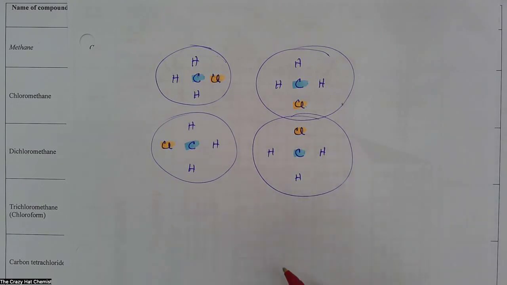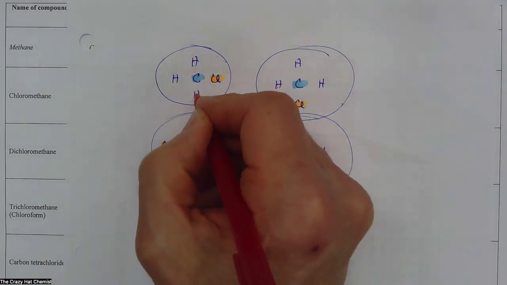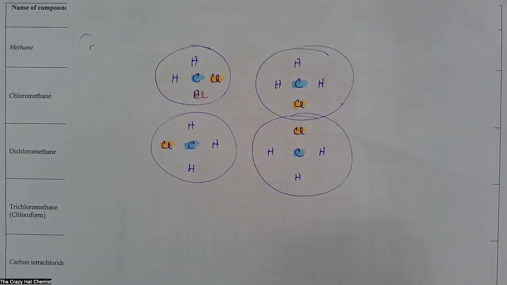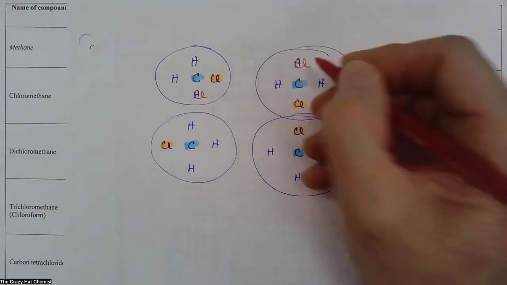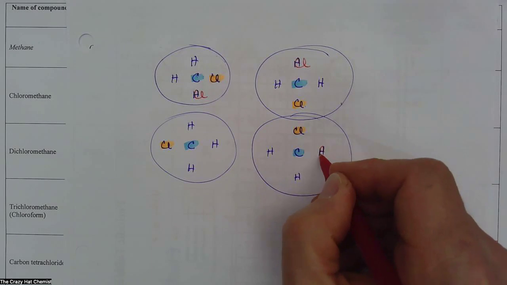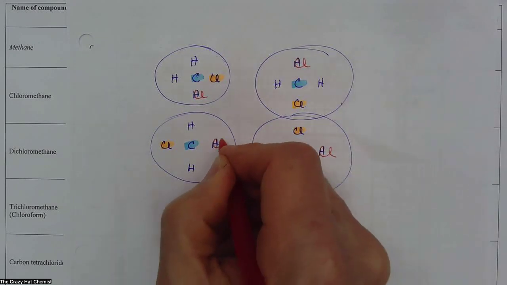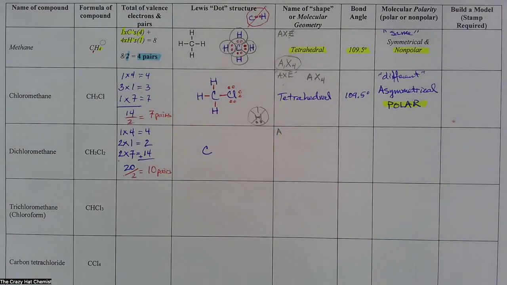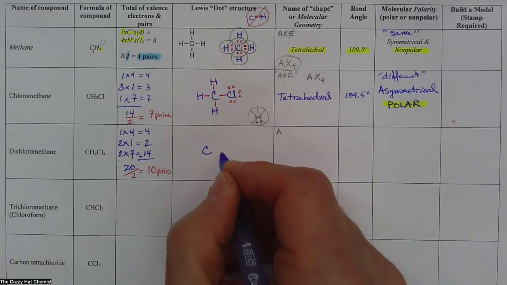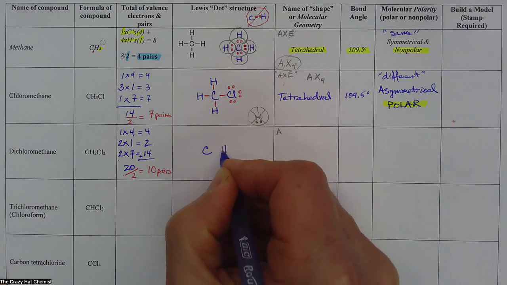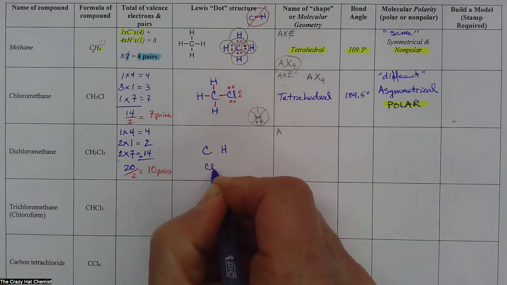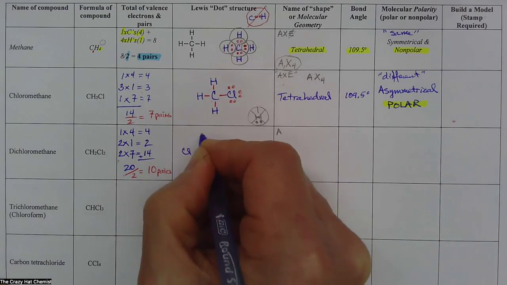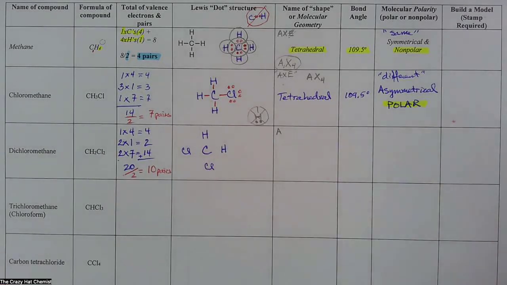We can do chlorines right next to each other. We can do chlorines opposite each other. There's lots of different possibilities here. Any possibility works. So hydrogen, chlorine, chlorine, hydrogen. It doesn't really matter.